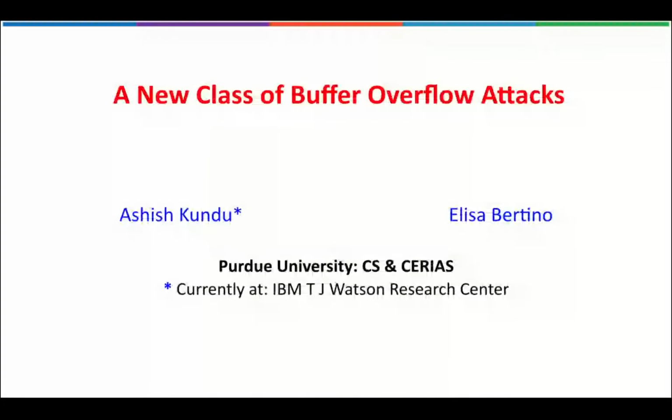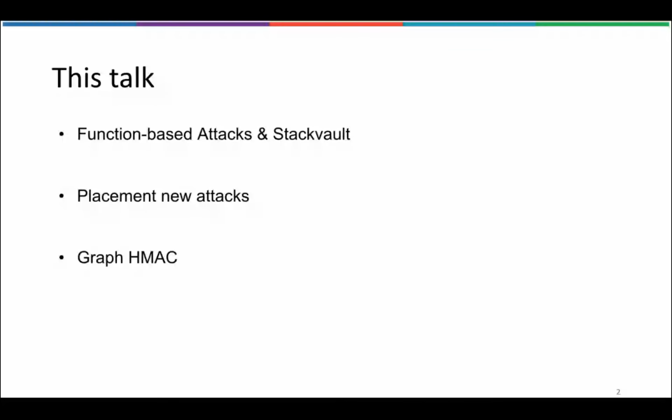The summary is that function-based attacks are carried out by untrusted functions against sensitive functions, and we have developed a system called Stack Vault to protect from such attacks. However, Stack Vault doesn't protect from all attacks that can be carried out by untrusted functions. It only protects the data that is managed or stored by sensitive functions on the stack and the heap, and the memory that is pointed to from the stack.